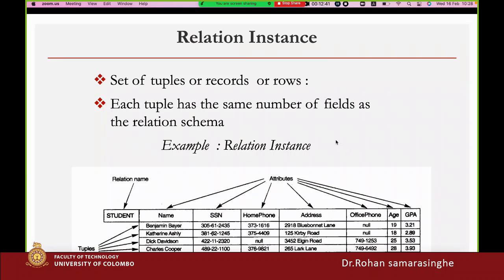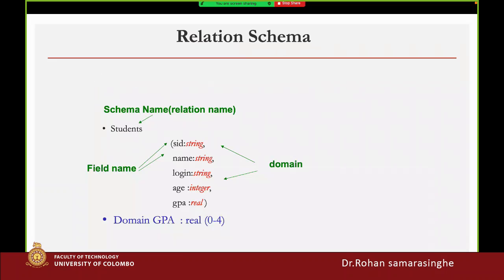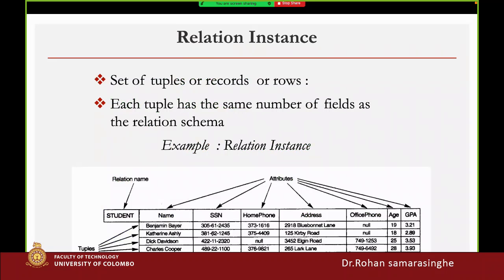Another one is that sometimes there may be attributes that may not have a value. For example, here you can see the phone number. Some students may have phone numbers and some students may not. In such a case, you can put null. It also allows you to enter null values.